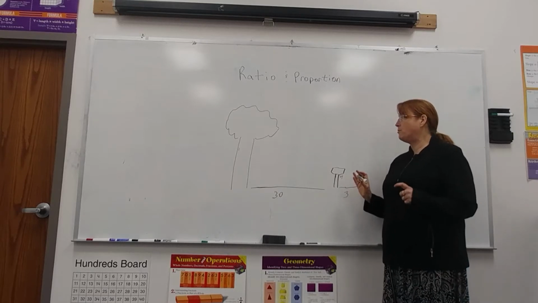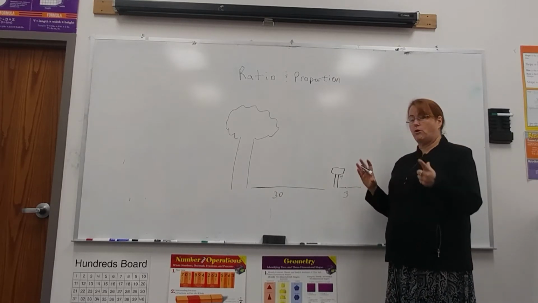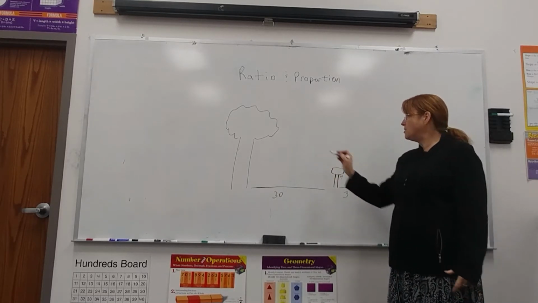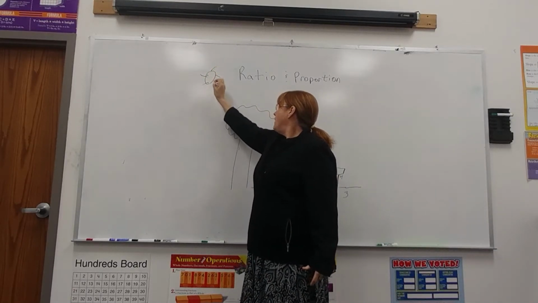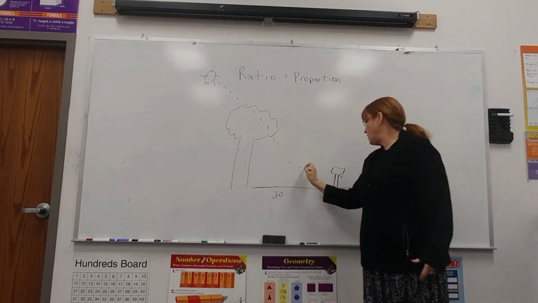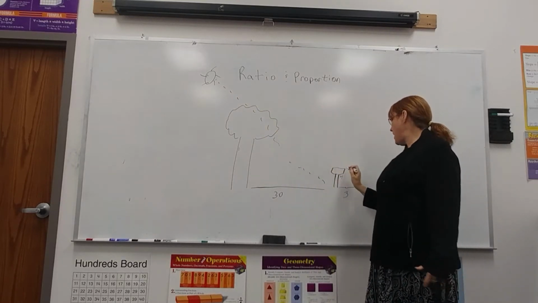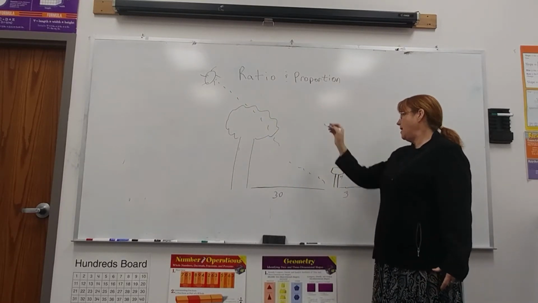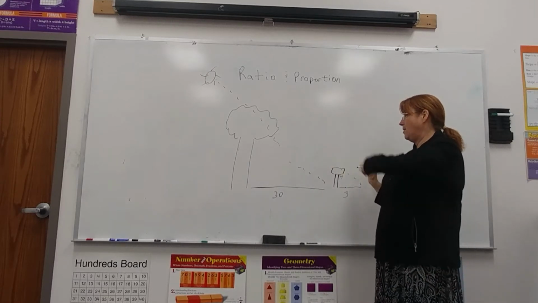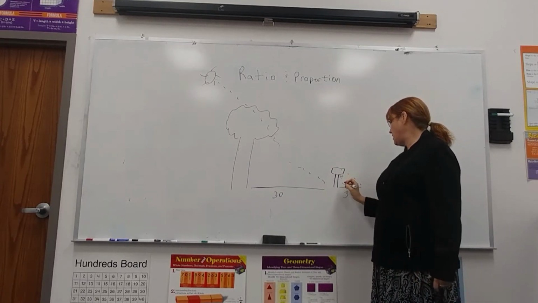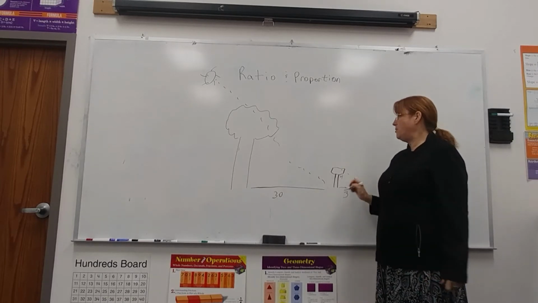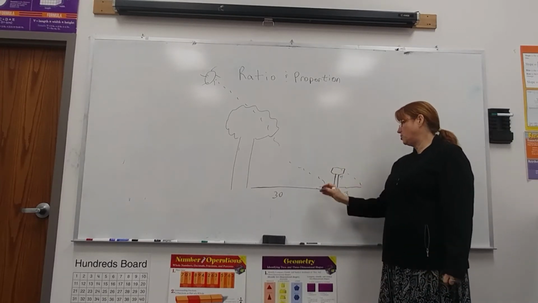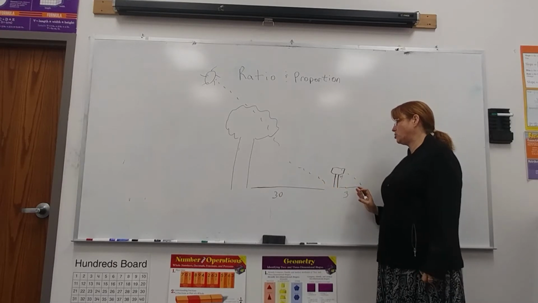So this is a proportion because it's something that grows. The reason we know is because we have a sun up here that shines down and creates the same angle. So the sun's angle coming down on an object is going to create the same size triangles. So we know these are related, which means their shadows are proportionate.